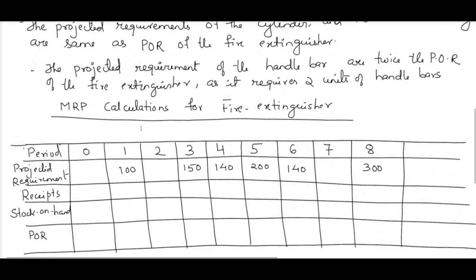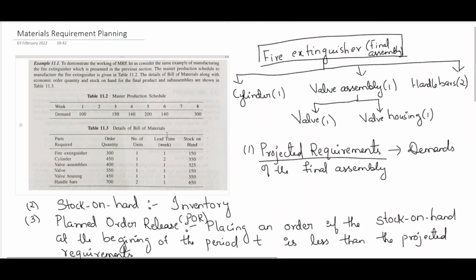So we should write this down here on the top. Sorry, order quantity is our economic order quantity, which is different from stock on hand. Economic order quantity is 300.